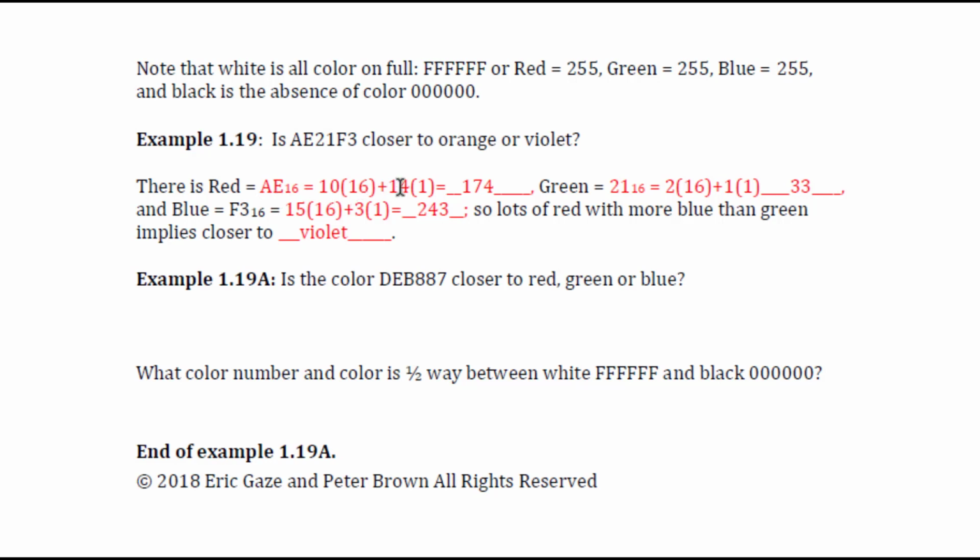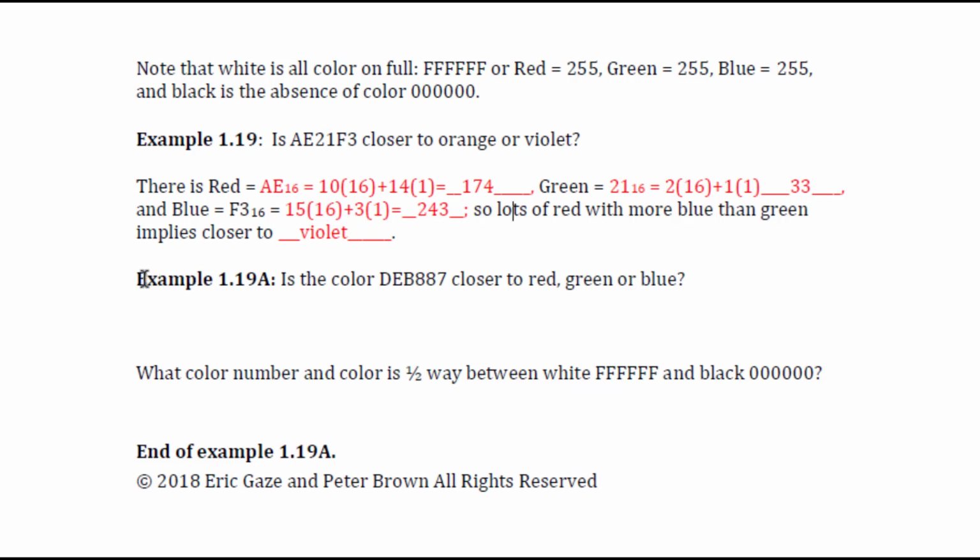So that's 160 and 14, 174. So that's the amount of red that you're getting. Green is 21, which is 2 sixteens, and 1 one, which is 33. And blue is F3, which is 15 sixteens, because F is in the second place value, and 3 ones is 243. So with lots of red and more blue than green, it implies it's closer to violet.